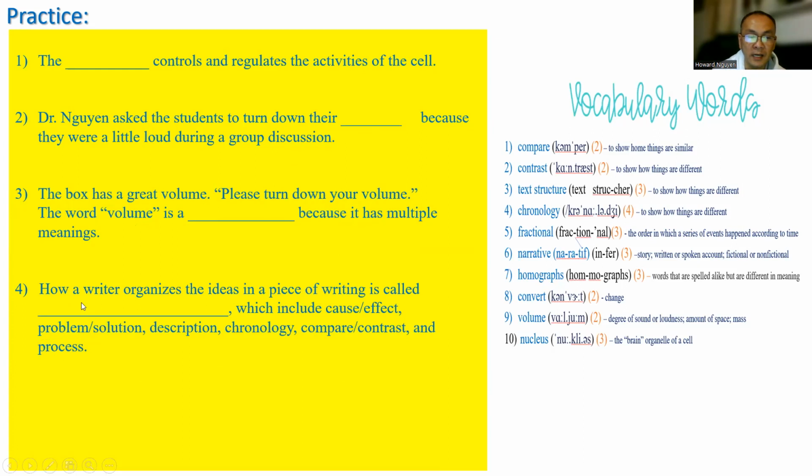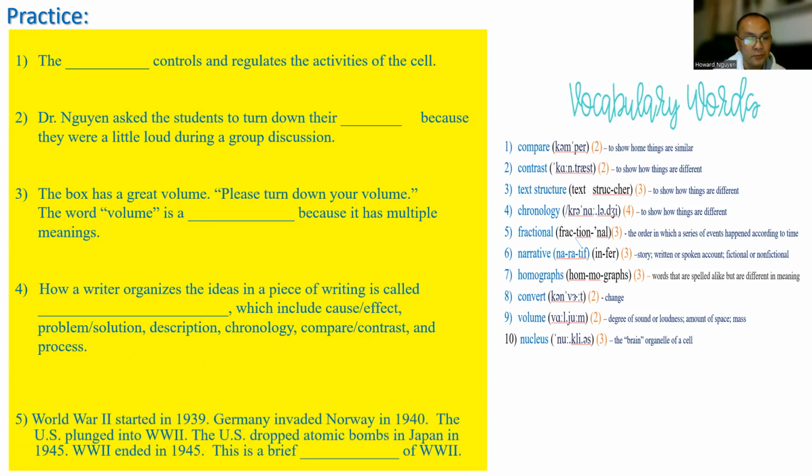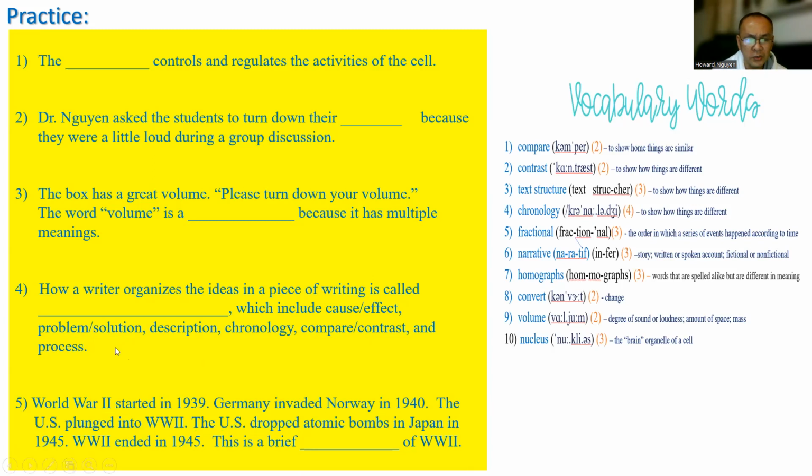Number four, how a writer organizes the ideas in a piece of writing is called blank, which includes cause and effect, problem solution, description, chronology, compare, contrast, and process, which is to explain what to do. Number five, World War II started in 1939. Germany invaded Norway in 1940. The United States plunged into World War II, and that happened in 1941.